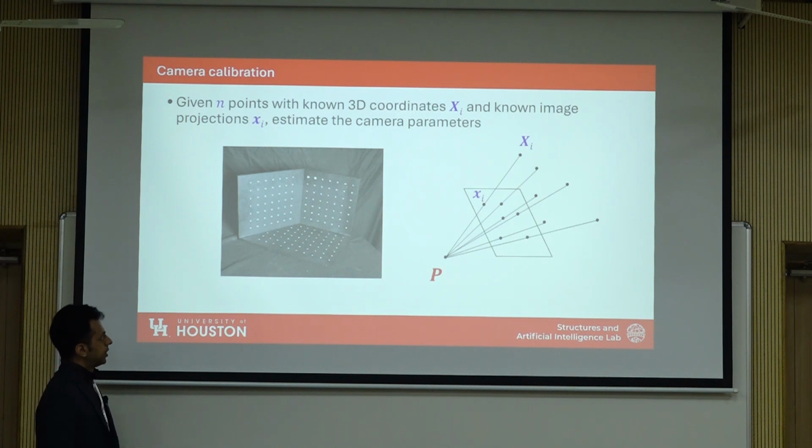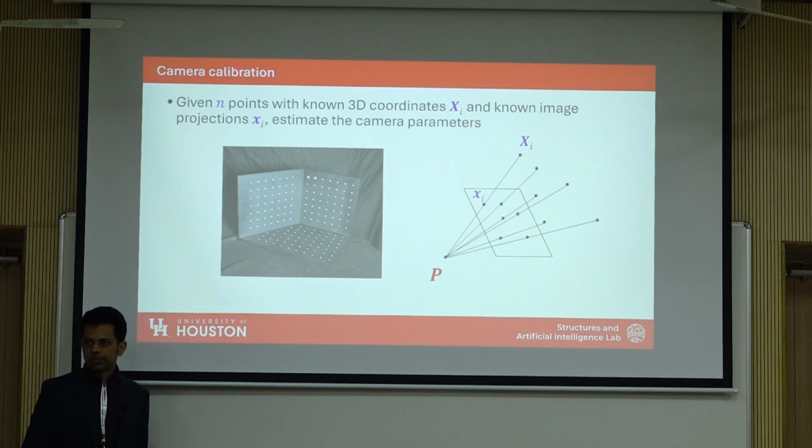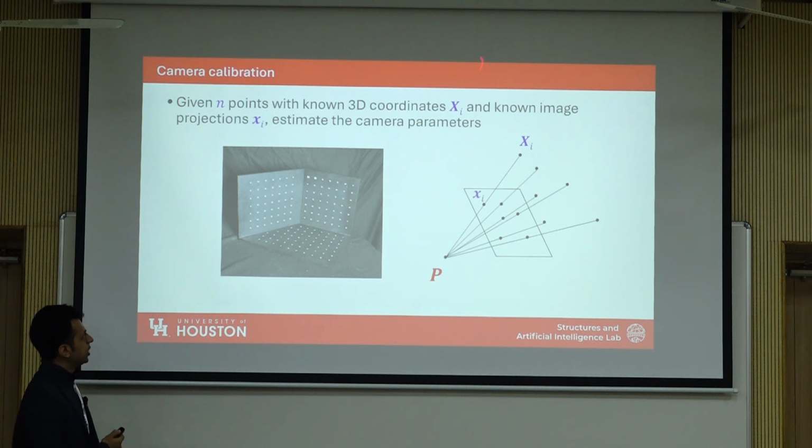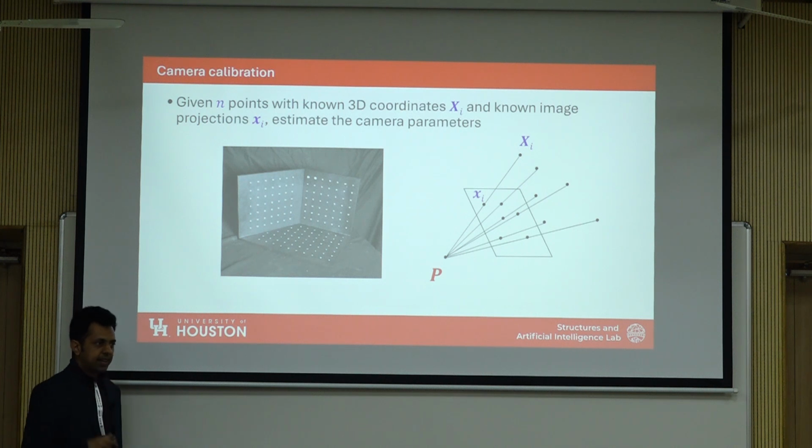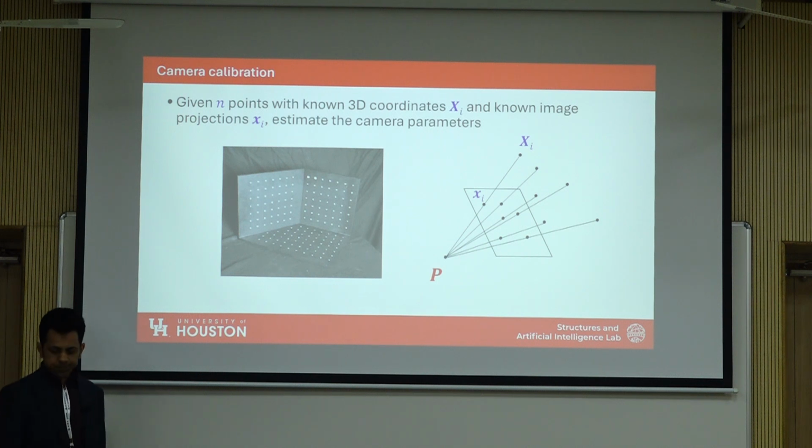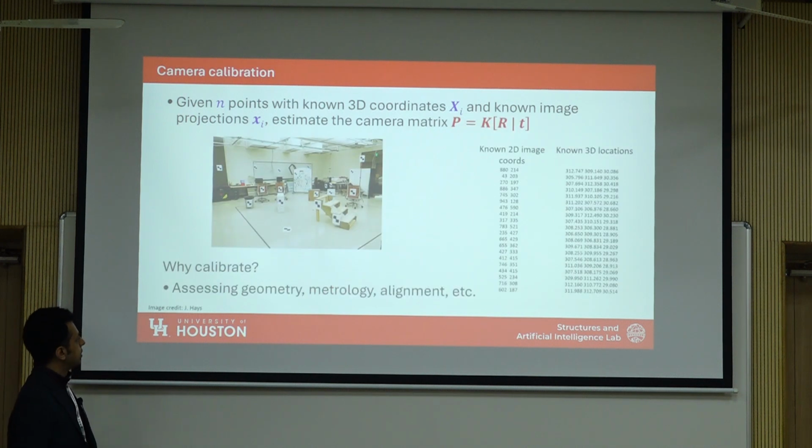That's our objective. So this is an example. Say you know the location of this origin, then you know all of these points because you've put them at known distances from that origin. And then you can take a picture and you can see what pixel numbers all of these points are at in that image. So now you have all of these point correspondences, and you can set up a system of equations to try to solve for the values of p. So how many points do you need?